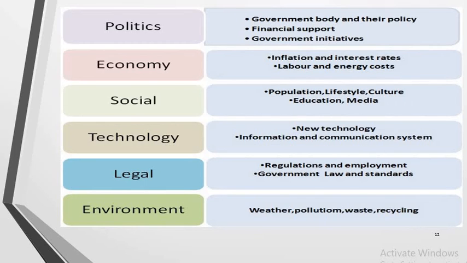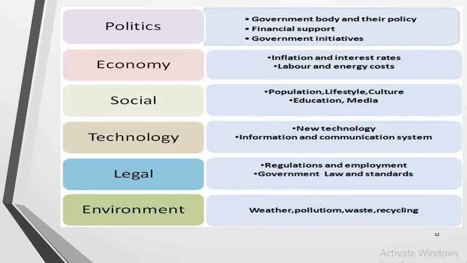P, as we know, is for politics, and political factors determine how the government's policies and regulations influence an organization. It is also related to the government intervention in the economy.